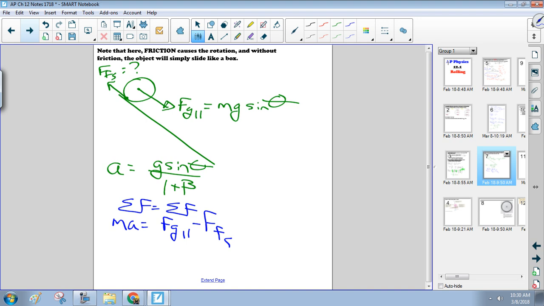Good? The second answer is, I think, what Daniel was explaining. Do you want to say what you were explaining? It's kind of a weird explanation, but sure. If you imagine, say, a hoop, I think that makes it easier. You have a series of particles going around in a circle forming a hoop. If you imagine a particle at the bottom in contact with the ramp and one at the top, the one at the bottom is in direct contact. It's experiencing the force of friction, pushing it back, slowing it down. The one at the top is not experiencing that in the same way.